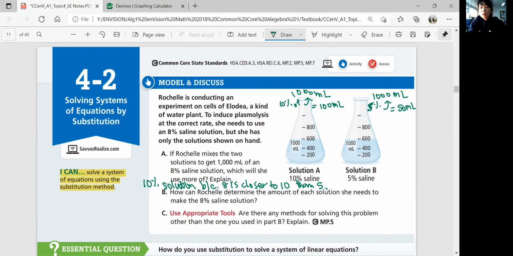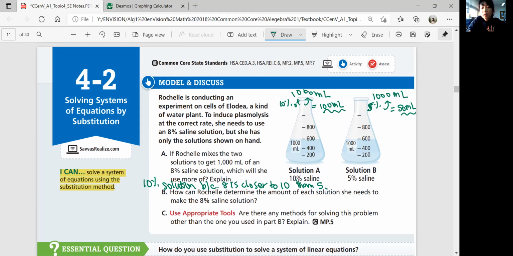But the amount of each solution times its concentration is a different thing. How did you get 100 milliliters and 50 milliliters? By multiplying the decimal of the percentage by your total milliliters, right?